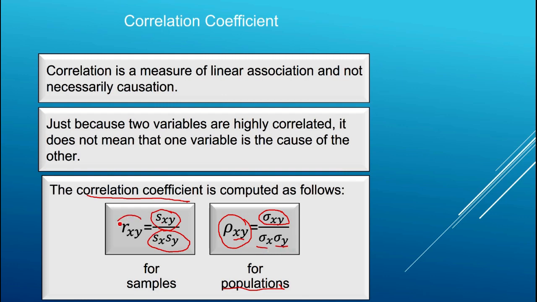The nice thing about the sample correlation coefficient and the population correlation coefficient is that they are bounded between -1 and 1, with -1 being a perfect inverse relationship between the two variables and +1 being a perfect positive relationship between the two variables.